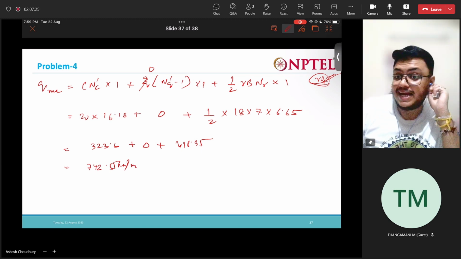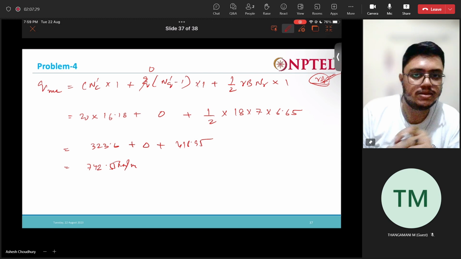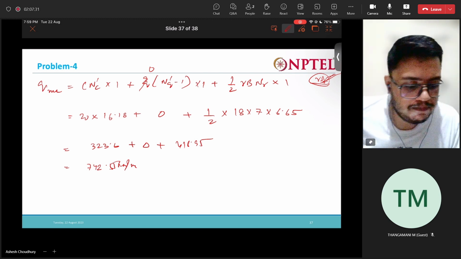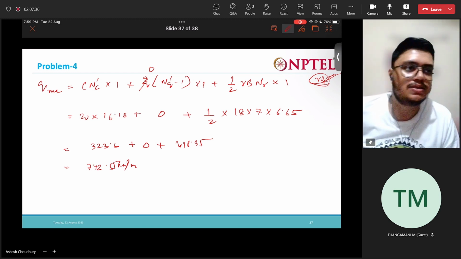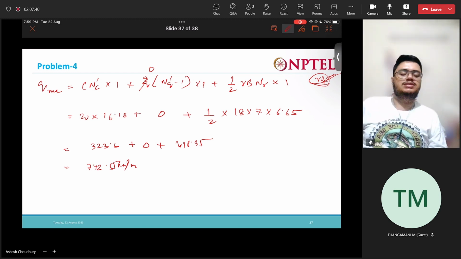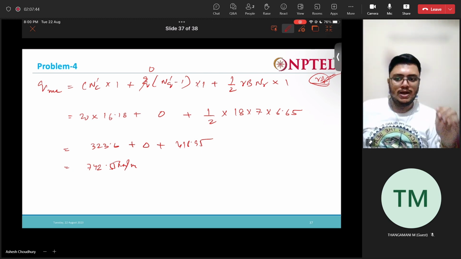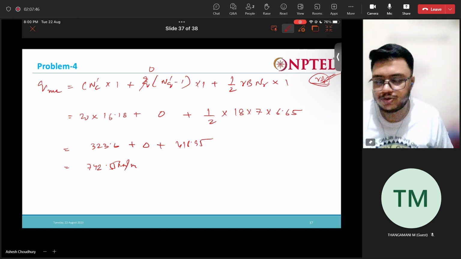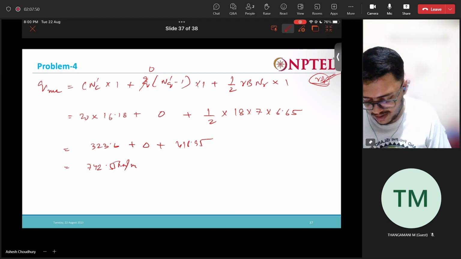Now this is the net ultimate bearing capacity, directly from the bearing capacity equation, right? Now actually we also need to determine the settlement. From the allowable settlement, we get the allowable bearing pressure. But when we don't have the settlement value, what we do is just take a factor of safety. Allowable will be nothing but qnu by 3.